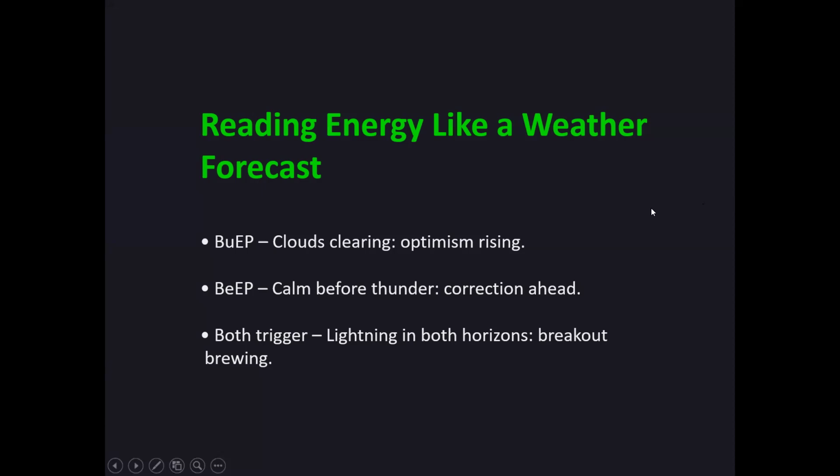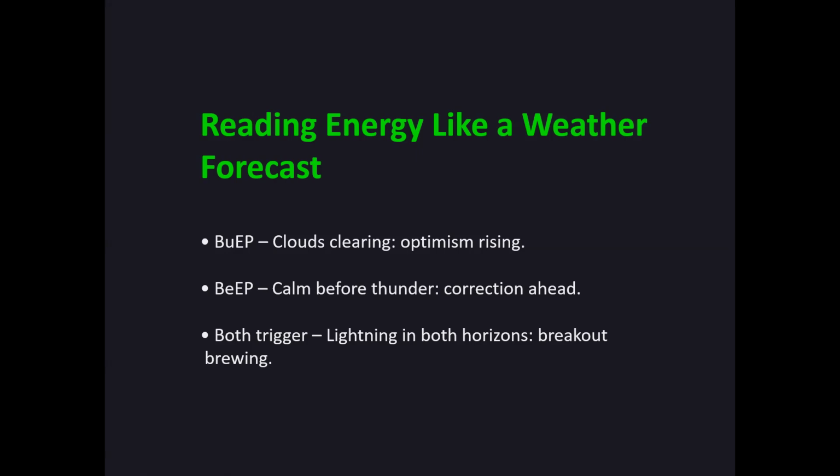Now, how are we reading this energy like a weather forecast? Bullish EP: clouds clearing, optimism rising. If you remember, Nifty started moving midweek of last month from 25,200. That time, bullish EP was triggered and the market moved up to 26,000 and odd.